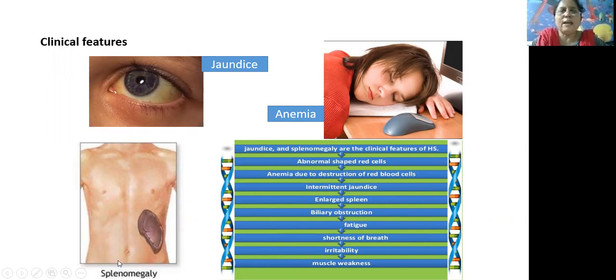When these 3 are present, this is a triad for hereditary spherocytosis: anemia, jaundice, and splenomegaly. They are the triad clinical features. Abnormal shape RBC we will get, anemia due to destruction of RBC, and the jaundice is usually intermittent. Enlarged spleen will be there. Then biliary obstruction, fatigue, irritability, muscle weakness, all that.